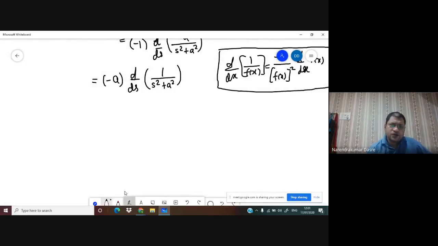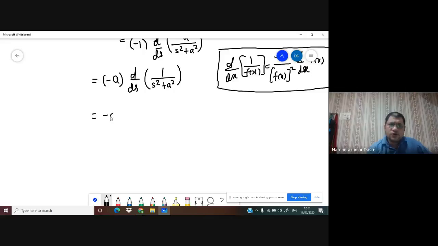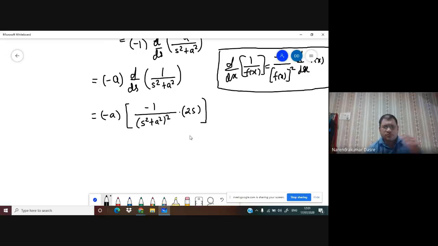If I use this formula, what I'll get here is minus a, then I'll be having minus 1 upon (s square plus a square) bracket square into the derivative, that is going to be 2s.